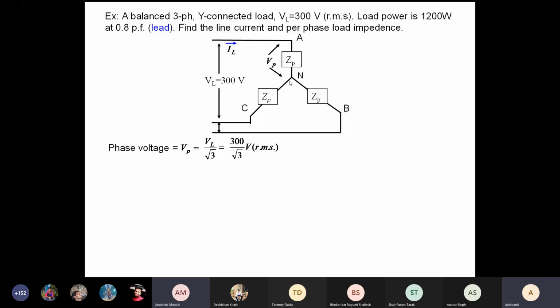Line current root 3 by 5 angle minus 37. Both are equal, sir. This is a star connected load. You can physically see that the line current and phase current are the same, because the line current is directly entering the phases. So phase current is equal to line current.